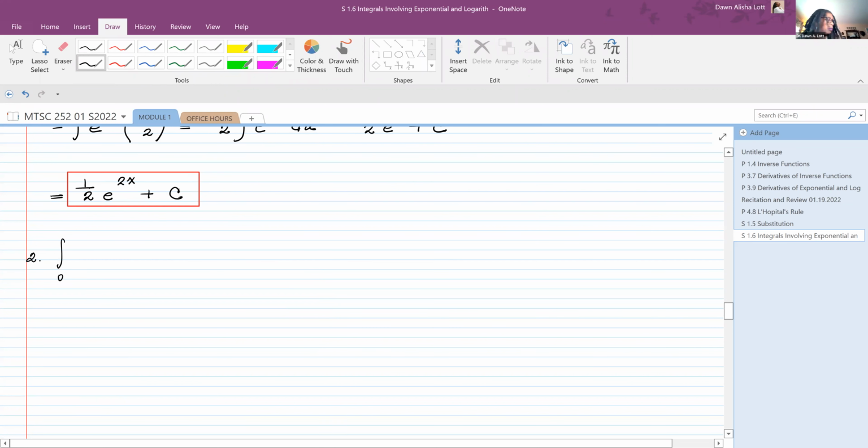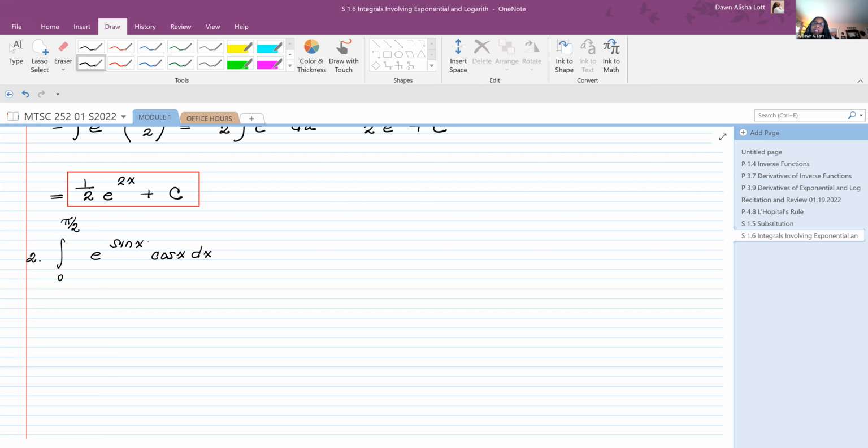Integral from 0 to pi over 2 of e to the sine of x times cosine of x dx. So the sine of x is in the exponent. Okay, so remember now we want the derivative to be where I can just reach out and grab it. And I need u to be something that if it were just an e to the u, it would be a nice problem.